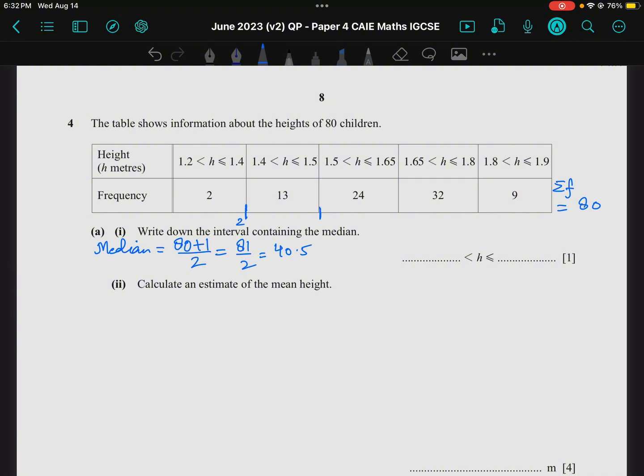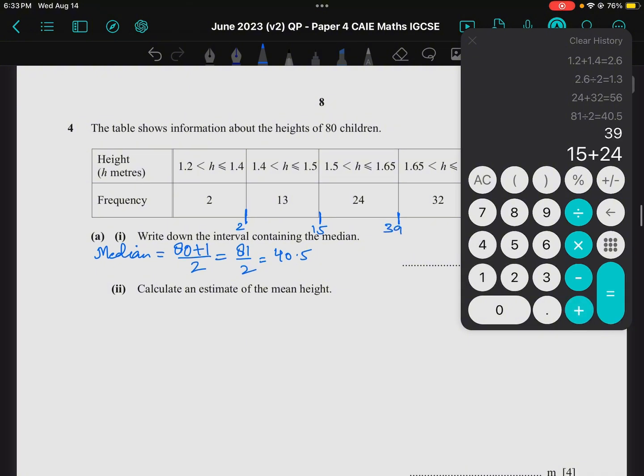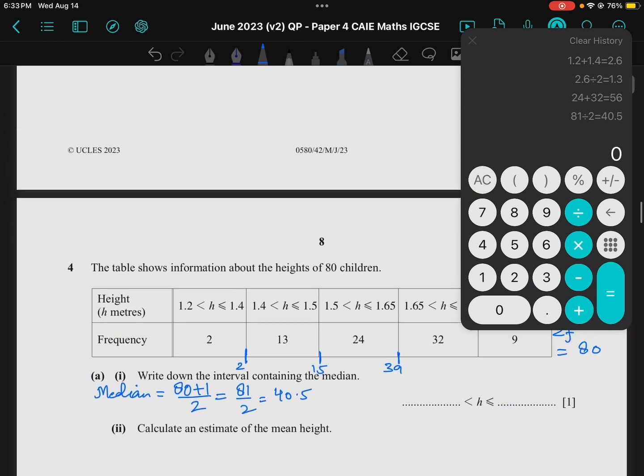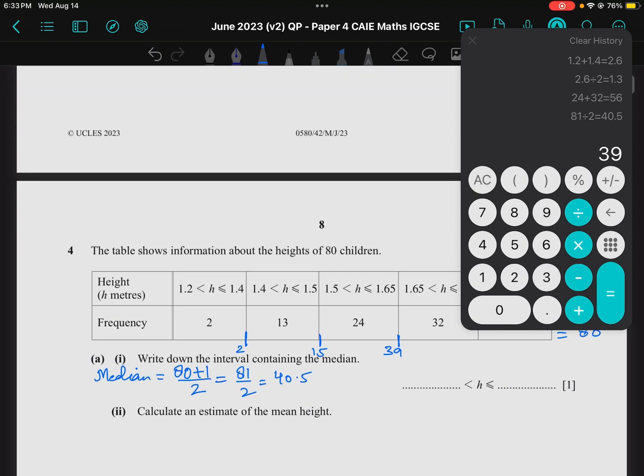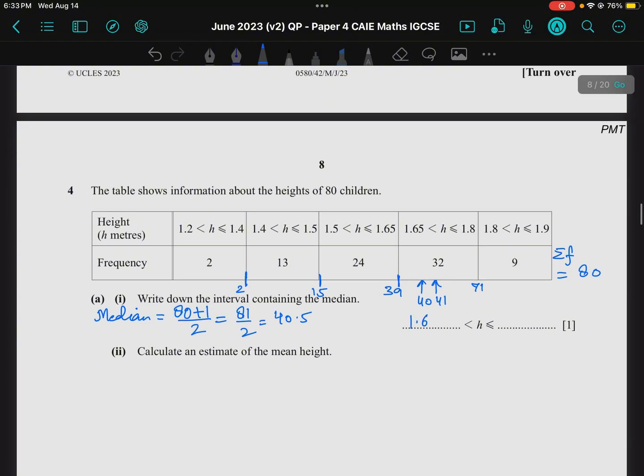This is 2, then 2 plus 13 will give me 15, then 15 plus 24 is 39, then 39 plus 32 will give me 71. So that means after 39, 40, 41 will all come here. So this range is 1.65 to 1.8.